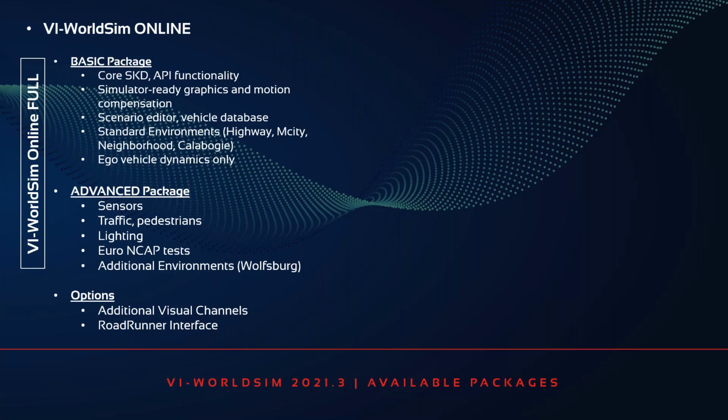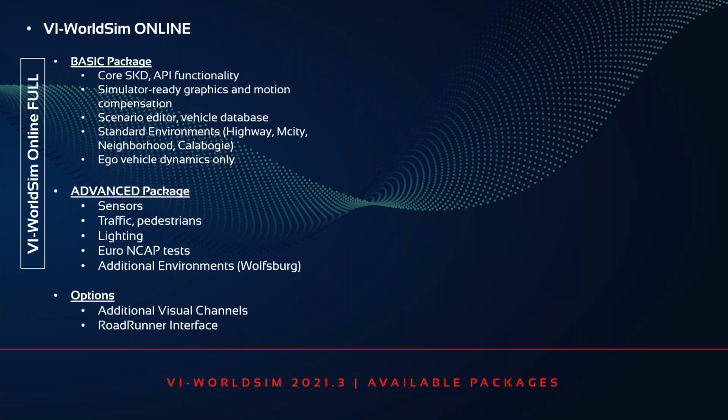And of course, some ego vehicle dynamics are included. What's not included is dynamics of other actors in the environment. So think of the basic package as being equivalent to and analogous to the environment that exists in VI-DriveSim now. So if you're running on a track and you're interested in driving the ego vehicle and you don't really necessarily need all the sensors and dynamics, the basic package is the right package for you.